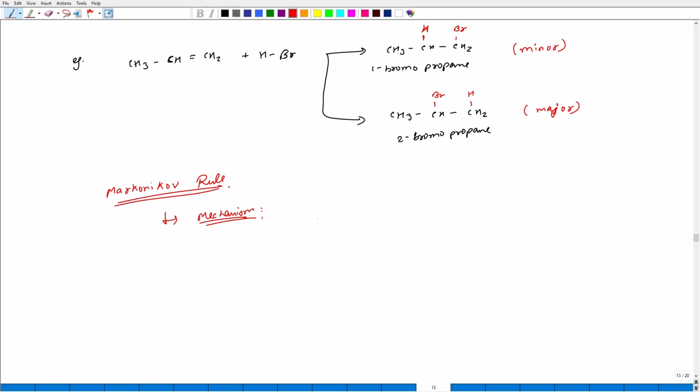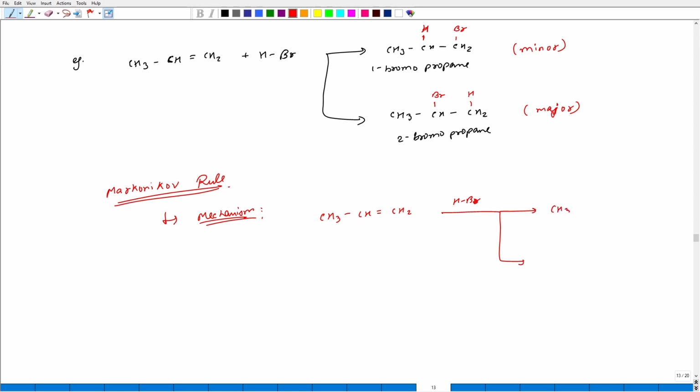What happens is, when HBr, a hydrogen halide, is added to the alkene, this double bond splits, and this double bond can split in two possible ways.